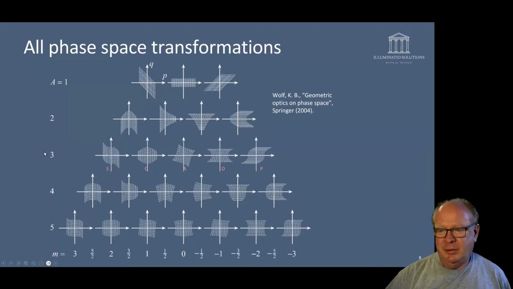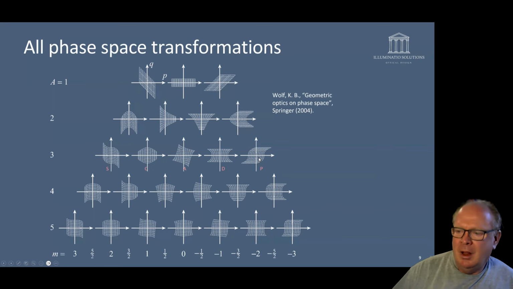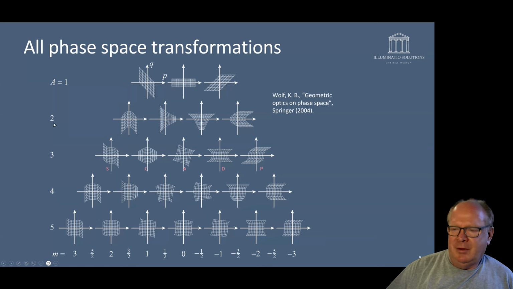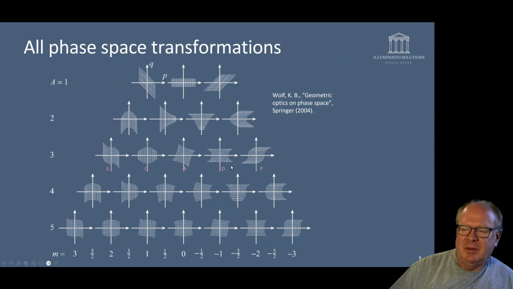Then come, for example, third order, you see all the Seidel aberrations, and you see some effect called focus, which is only very occasionally described. And then you have also phase space transformations of second grade and of fourth grade and fifth grade and so on. And we have some intersection here with the theory of imaging, but there is much more.